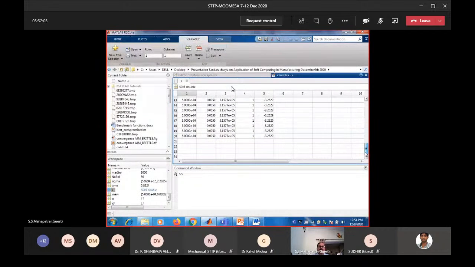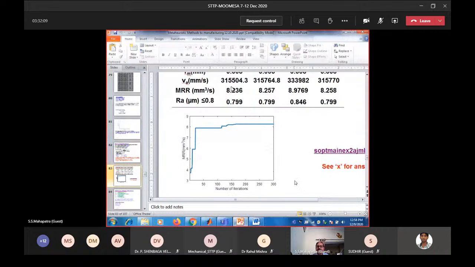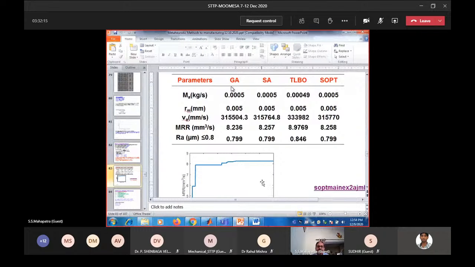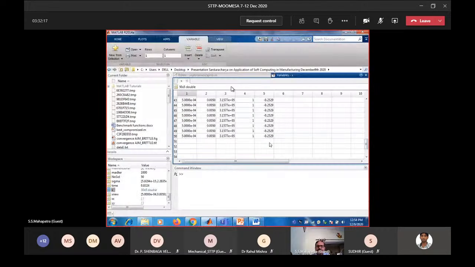By SOPT, you see the MRR is 8.258. So this is the value we got.